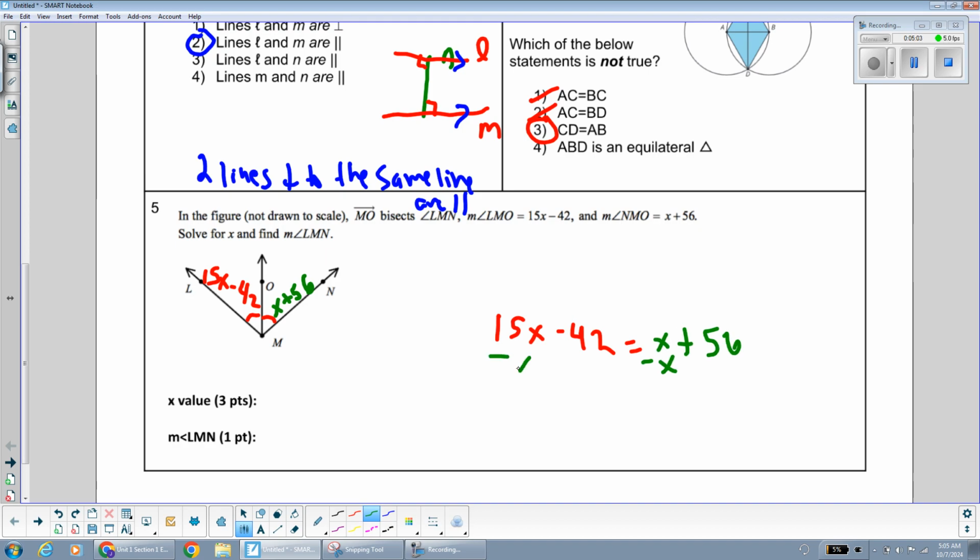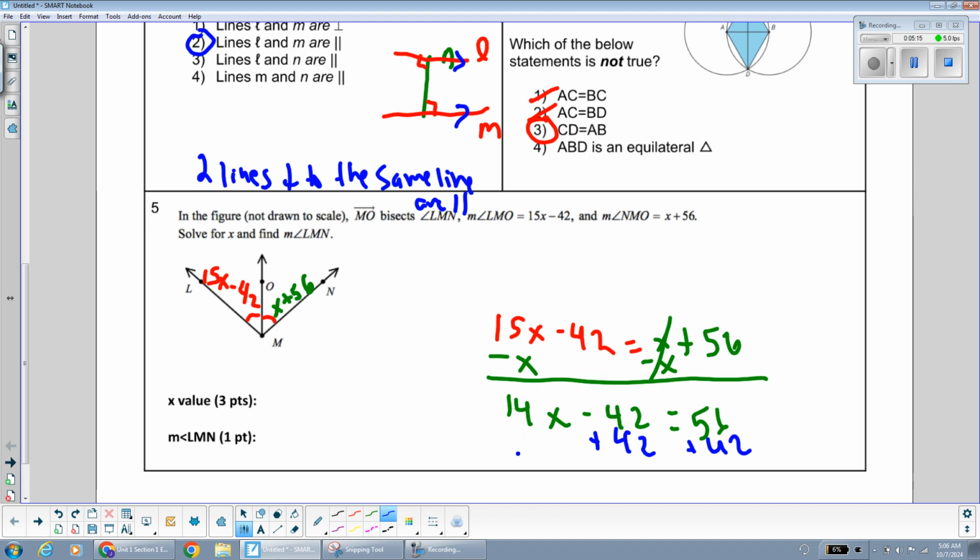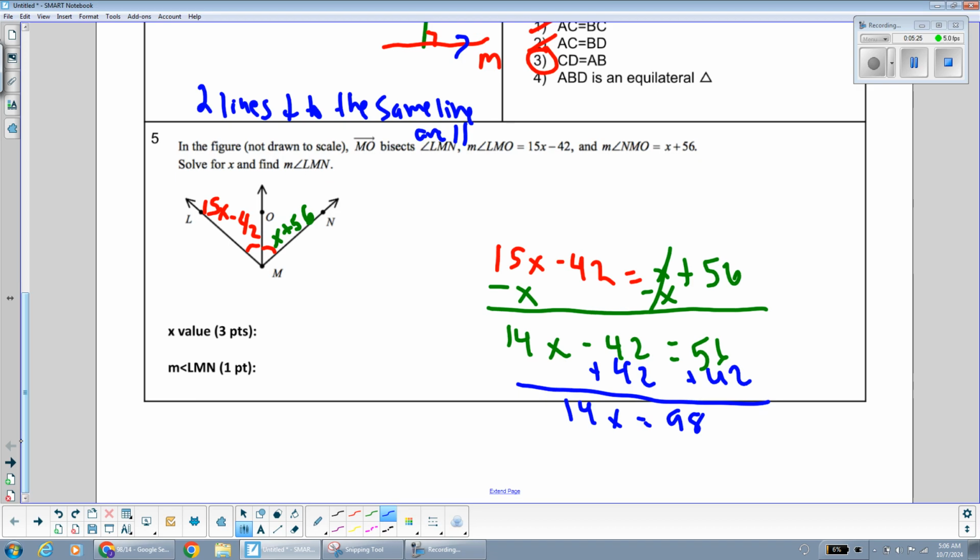If we subtract x on both sides, that is 14x minus 42 equals 56. And then if we're adding 42 to both sides, we have 14x is equal to 98. And then finally, if we divide both sides by 14, we have x is equal to 7.